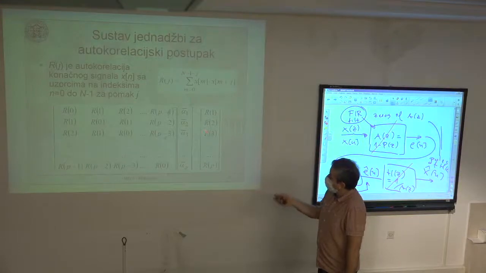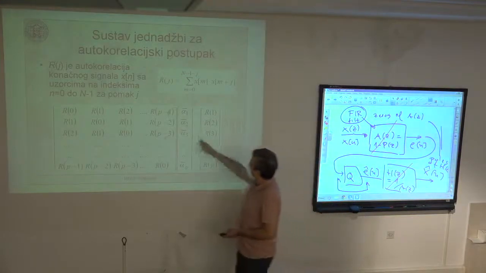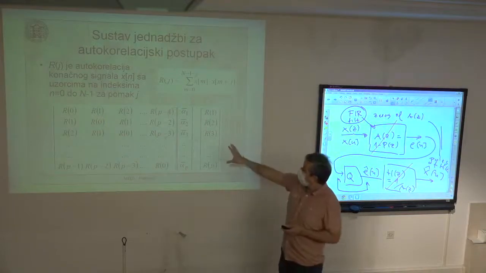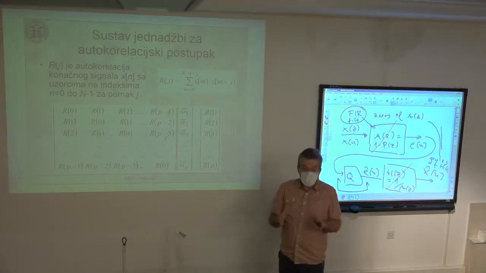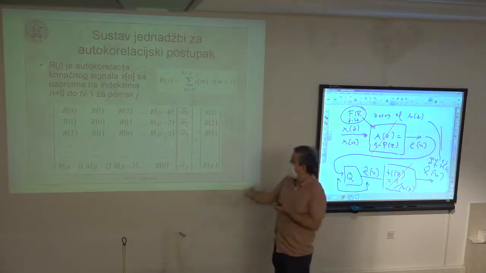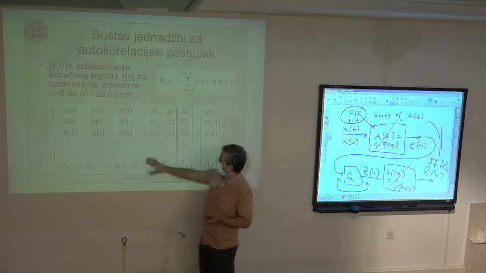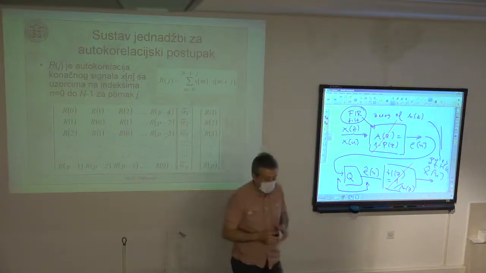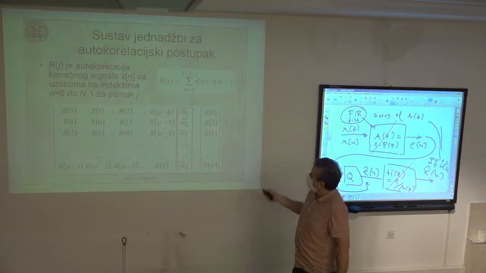So this is one possibility to compute the optimal predictor for the given input signal. But of course, this holds only if the statistical or correlation properties of the signal are unchanged. If the signal has the same correlation properties, then I have only one possible optimal solution for the predictor.